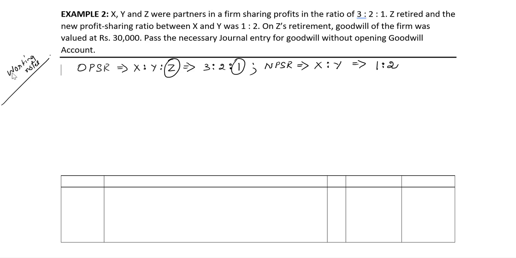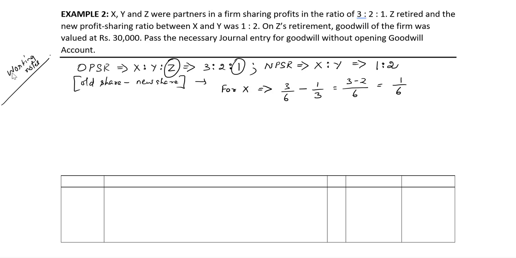We need to find out the gain and sacrifice of each partner. Let's do old share minus the new share. For partner X, old share 3/6 minus the new share 1/3, a positive 1/6.